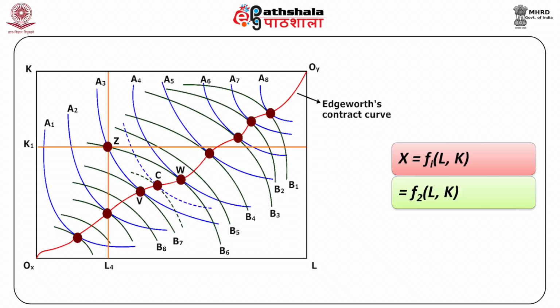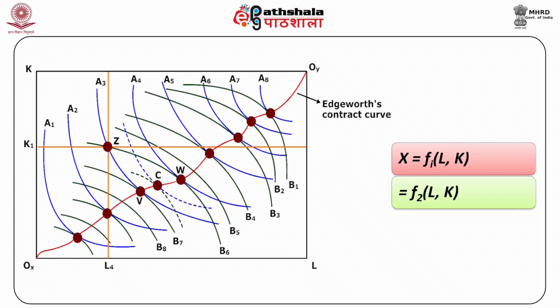Therefore, we have two sets of isoquants which are opposing each other. Now, all of this put together brings you to a picture, a figure which shows a crisscrossing of the isoquants pertaining to X and Y respectively.